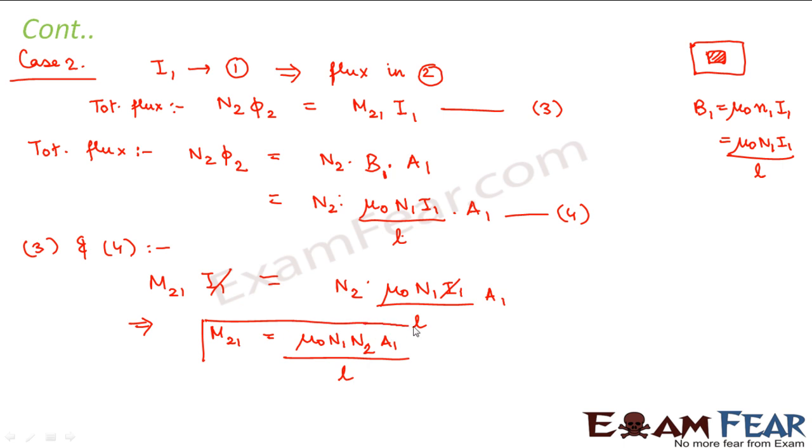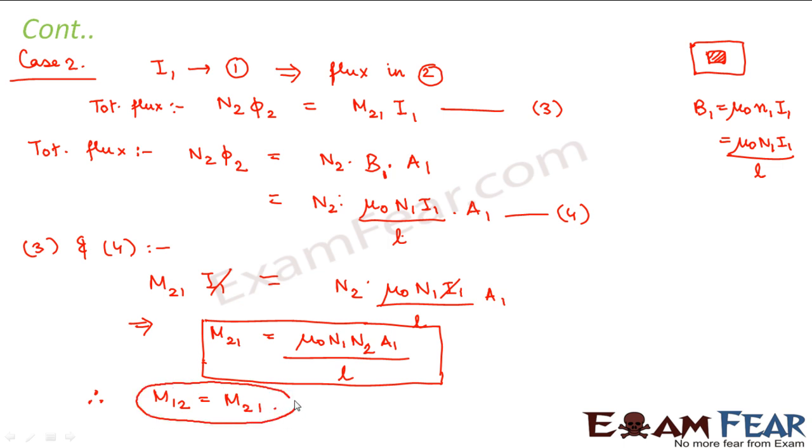Now, if you compare the value of this mutual inductance of 2 with respect to 1 with that of 1 with respect to 2 in the previous screen, you find that M12 is equal to M21.